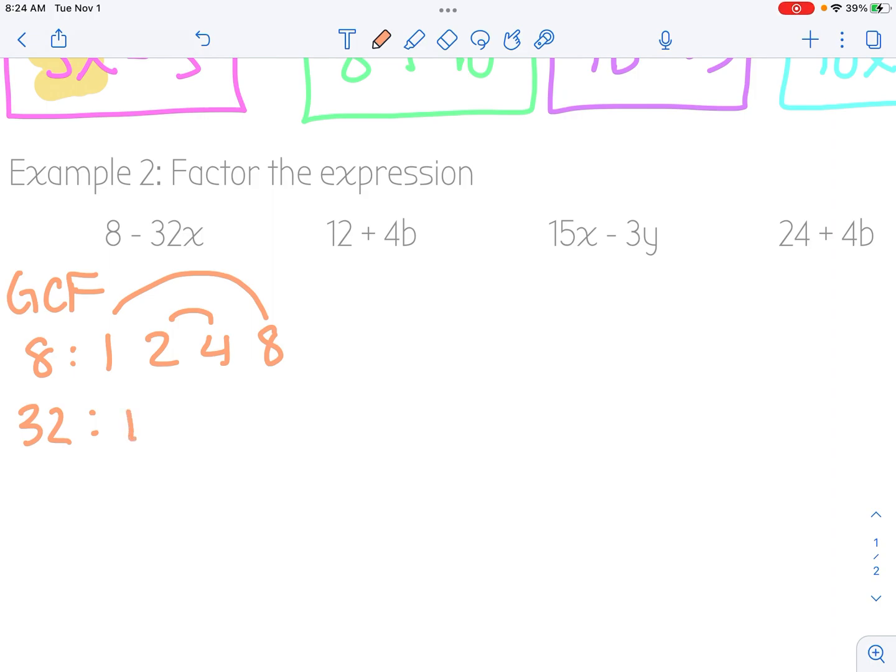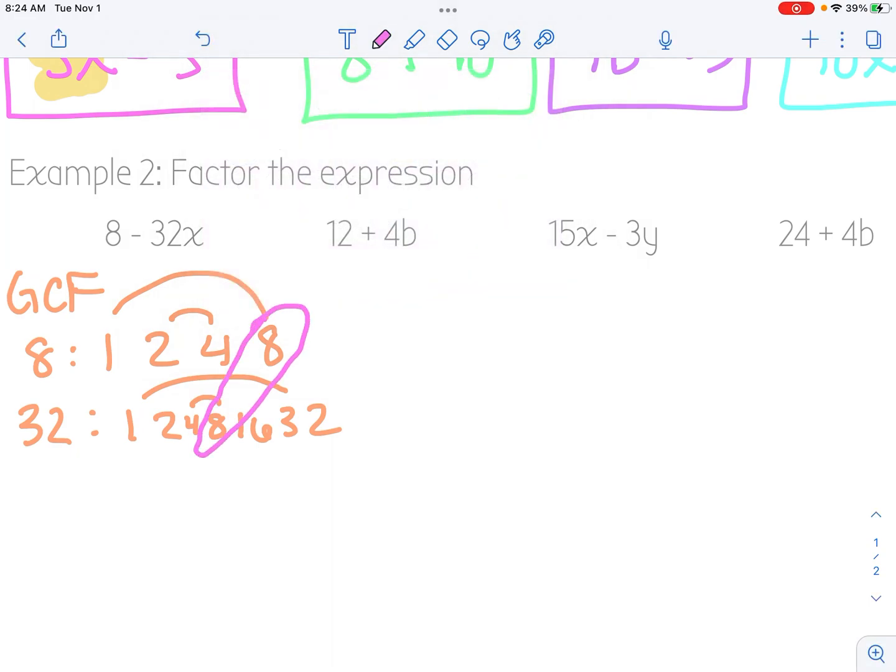For 32, I have 1 and 32. I also have 2 and 16. And what other number is 32 divisible by? So 32 is also divisible by 4, and it is 4 and 8. So what is our greatest common factor here? It looks like our greatest common factor is 8.